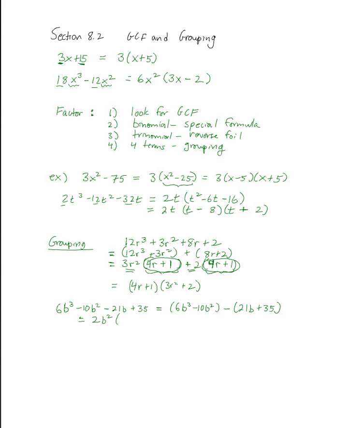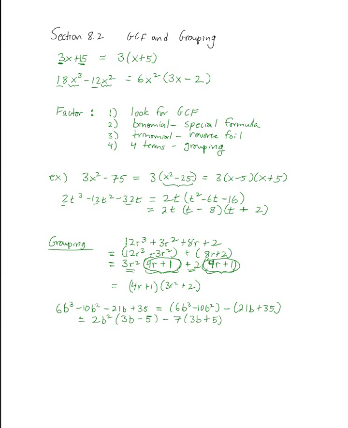Left over would be 3b, because 3b times 2b squared gives me the 6b cubed, minus 5, because 5 times 2b squared would give me 10b squared. Minus 21 and 35 have a 7 in common, so I put the 7 down front. 3b, because 7 times 3 is 21, plus 5.